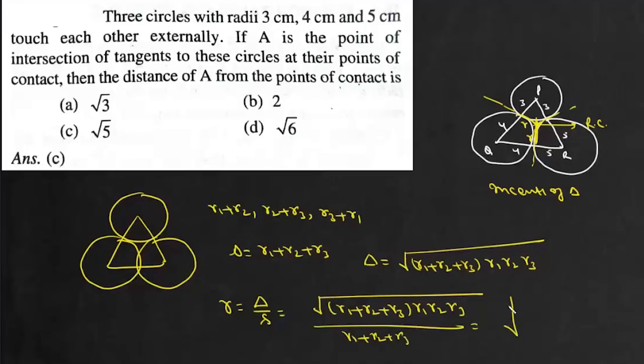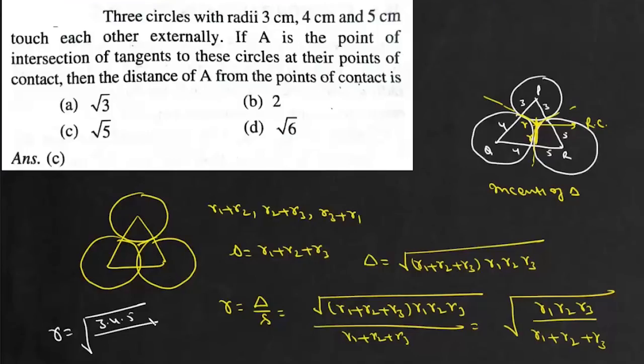So we get this formula, which is under root of r1 r2 r3 upon r1 plus r2 plus r3, and that is the value of the inradius, which is the distance from the point of intersection of tangents to their point of contact. Now we can put the values of r1, r2 and r3. So we can write this r as under root of 3 into 4 into 5 upon 3 plus 4 plus 5, and that is 12.